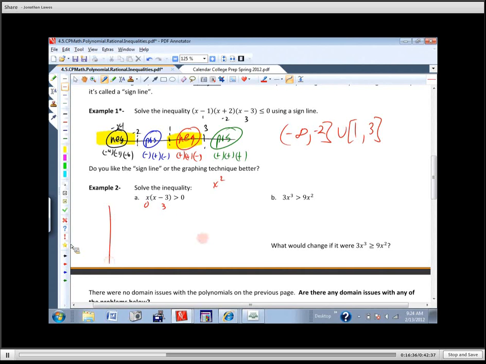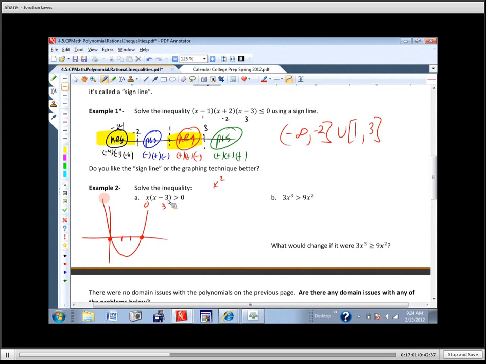So let's just graph this. 0, 1, 2, 3. Now, it's a parabola that opens up. That's kind of a crappy looking parabola, but not too bad. Do we really care exactly what the parabola looks like? Nope. Because the graph, the parabola itself is not the answer.